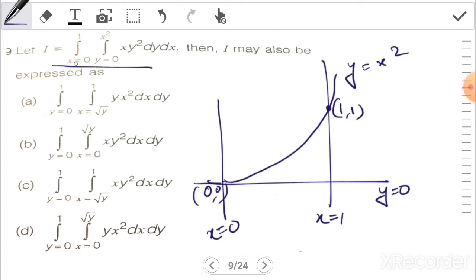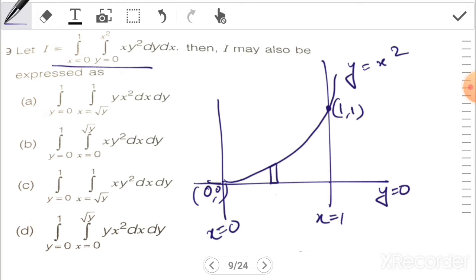So here, since x is constant, they have considered a vertical strip. Obviously, by looking at the options, we need to change the order of integration. So if this is a vertical strip, see y is varying from 0 to x square, and x is varying from 0 to 1.